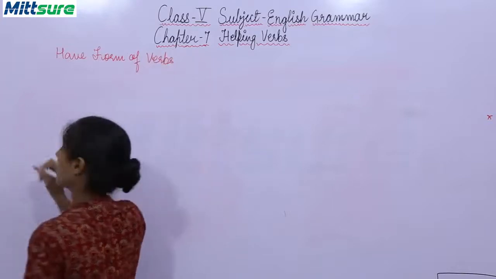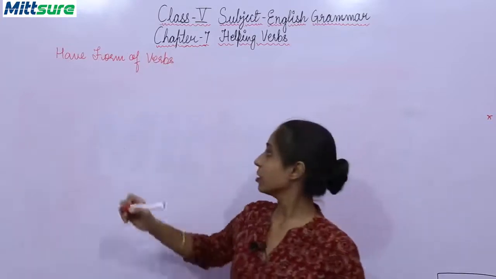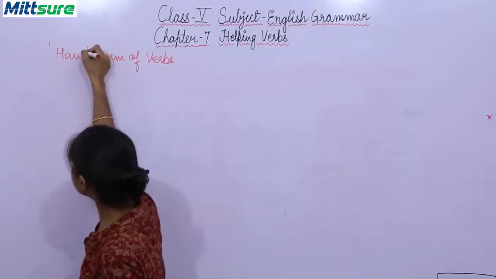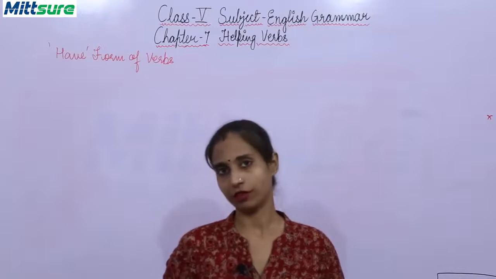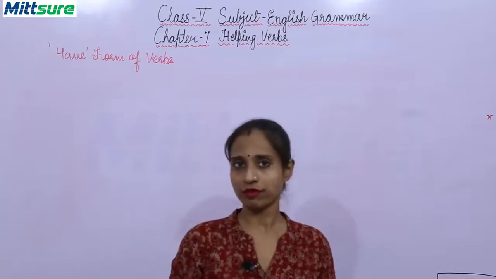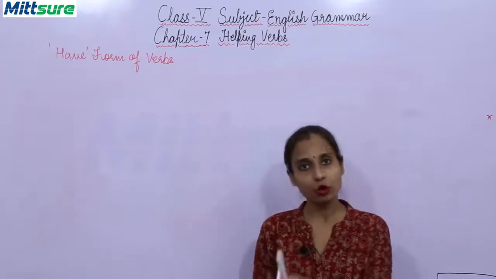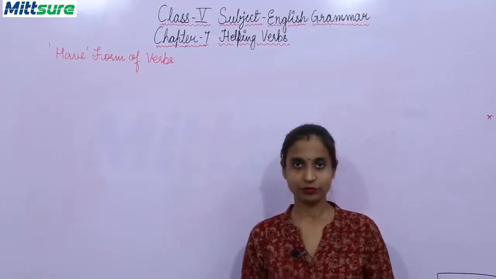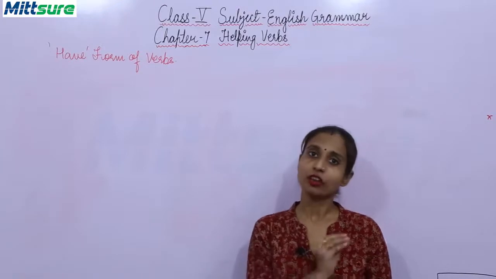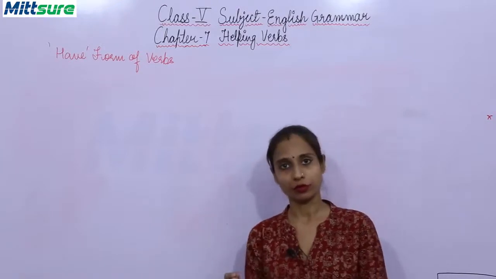Now children, before discussing have forms of verbs, let us first understand what they are. Have forms of verbs are those verbs which tell you the possession of a noun or a pronoun.